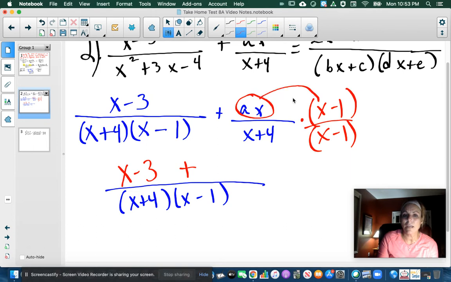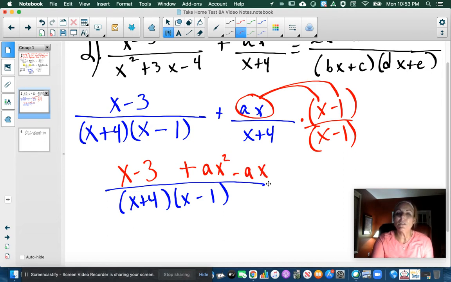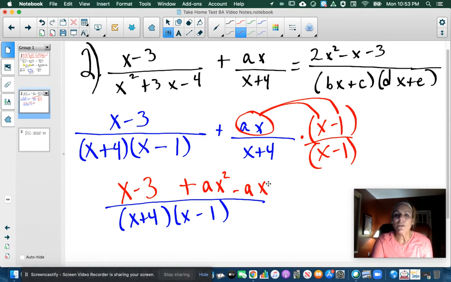When I do that, I take ax times x and ax times negative 1. Ax squared minus ax. All right, so now here's what we need to do now. The denominator is pretty much set. So we already can figure out then what b is.